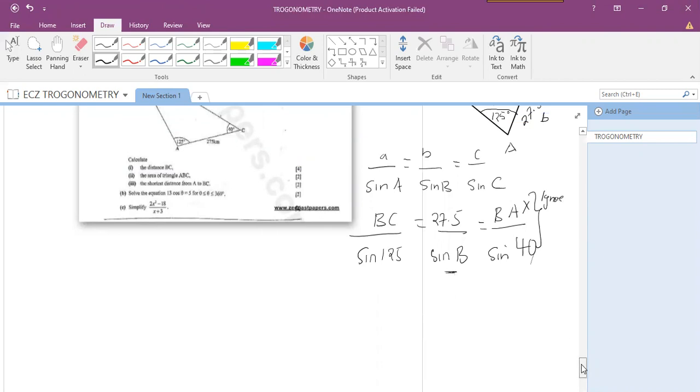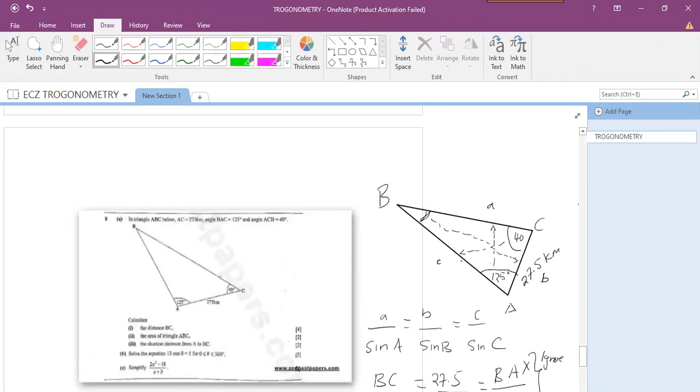Remember, in the first part of the lecture, I told you that the interior angles add up to 180 degrees. So if I add 40 plus 125 plus this angle B, I have to get 180 degrees. So B plus 40 degrees plus 125 has to give us 180 degrees. So let's solve this.